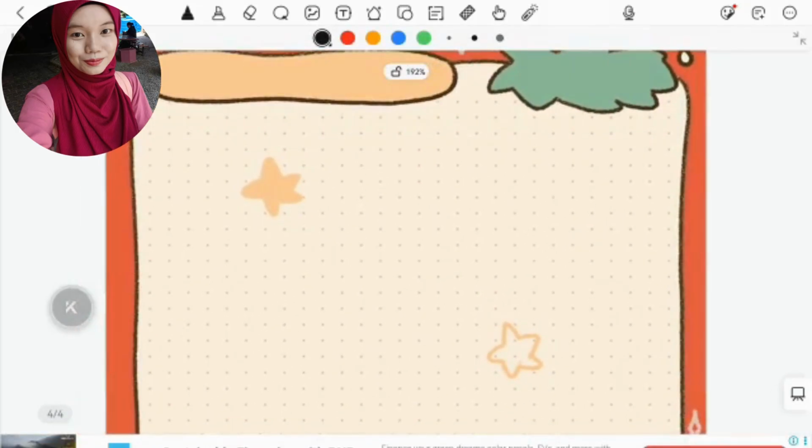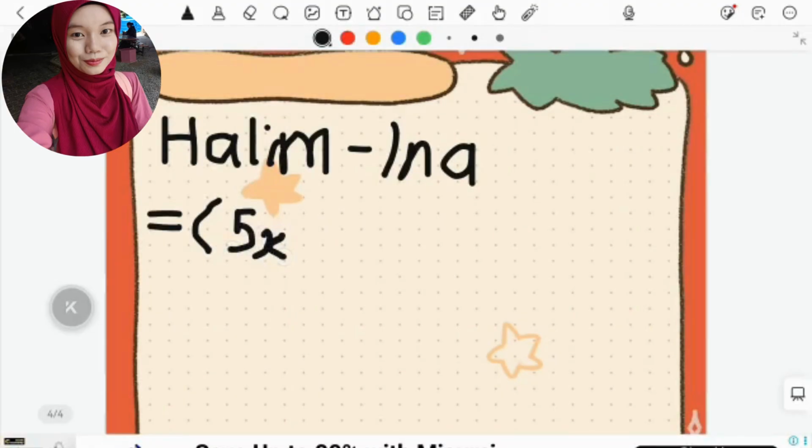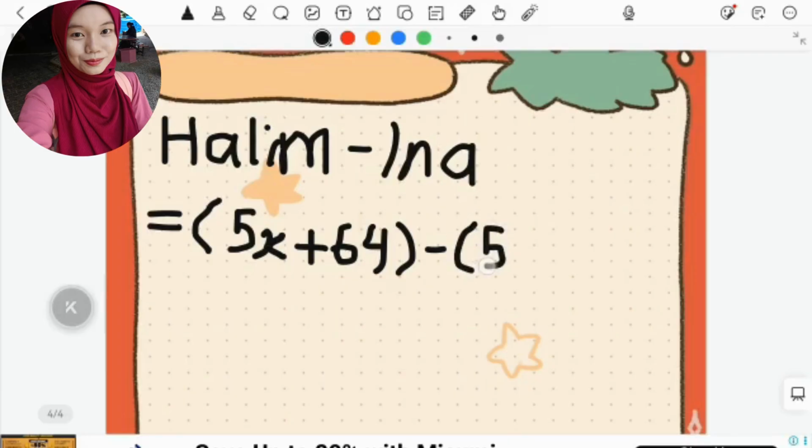And then to see who has more money, we subtract Ina's total from Halim's total. So we take in bracket 5x plus 64, which represents Halim, minus in bracket 5y plus 104, represents Ina. And then we expand it into 5x plus 64 minus 5y minus 104.